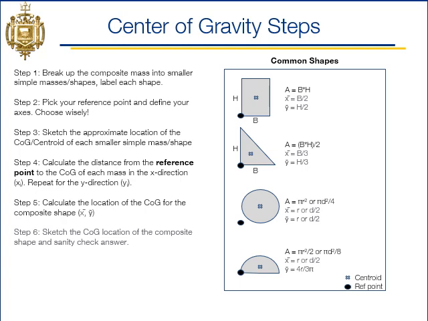Step 5, calculate the location of the center of gravity, so your x bar and your y bar values, using that weighted average equation. And then once you've calculated the center of gravity, go ahead and sketch that on your shape and make sure that it makes sense, right? If you get a center of gravity that's way off, then maybe you did something wrong and you need to go back and double check your answer.